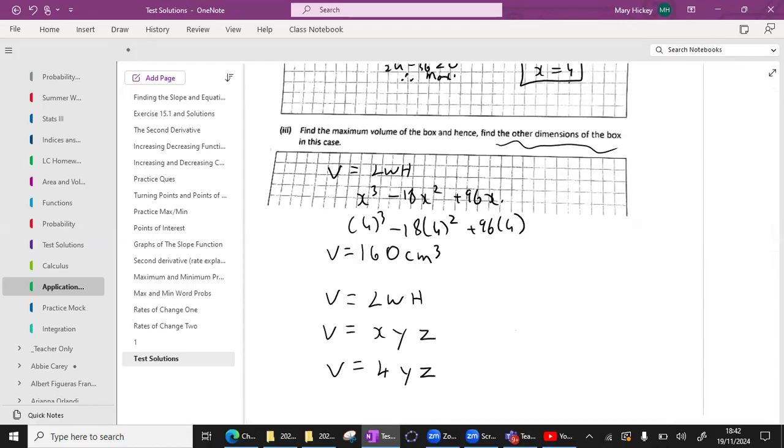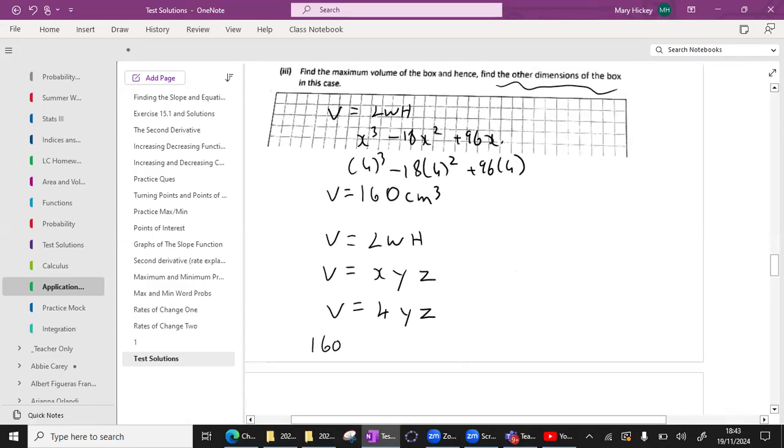Well, I suppose I need to think about the volume itself, I know is 160, so I can put 160 there. So that's 40, so that's going to get me closer to a value for y and z.